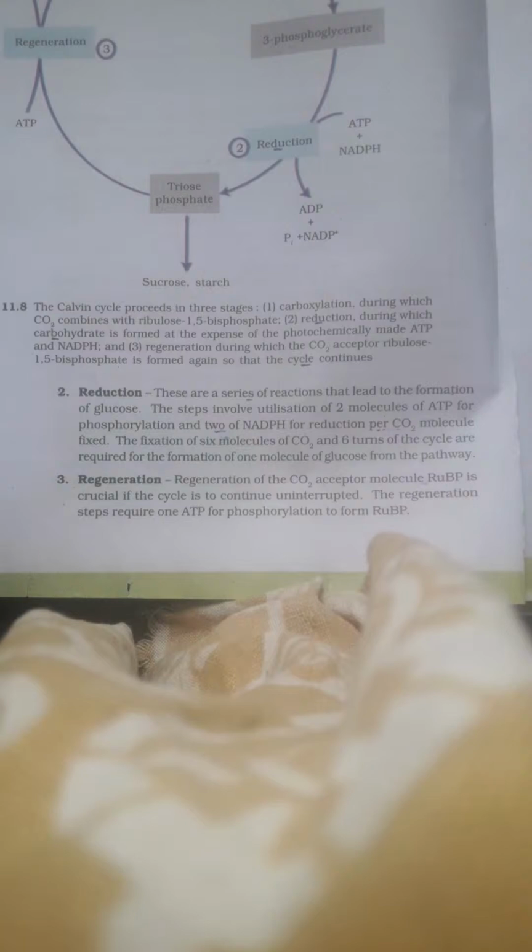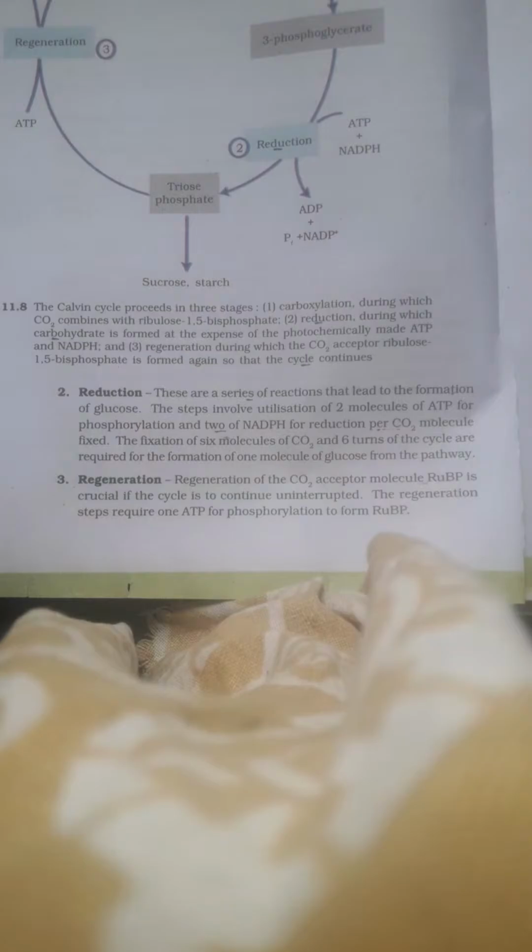The second process is reduction, during which carbohydrate is formed at the expense of the photochemically made ATP and NADPH. Remember, ATP and NADPH are formed before all these C3 and C4 pathways. It's a currency, and plants use this currency, ATP and NADPH.